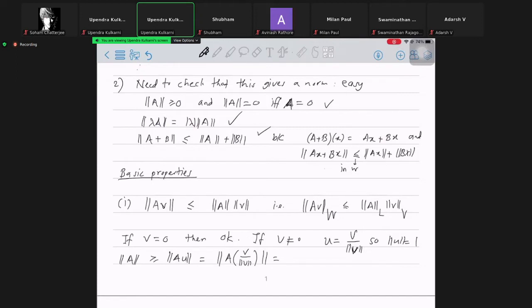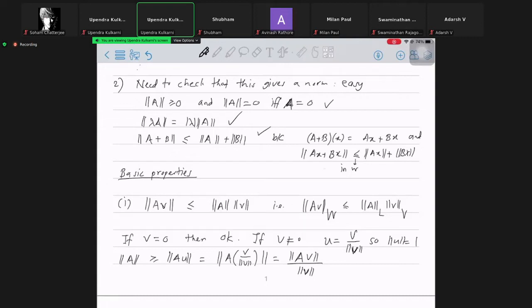So this is precisely equal to the norm of Av divided by the norm of v, by linearity of A and by the norm property. But that's exactly what we want. Just put the norm of v on the other side.